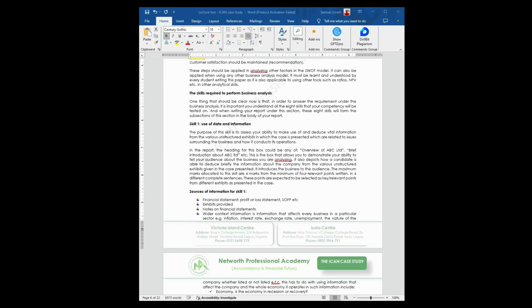Now, let me give you a possible scenario. Let's assume that a case is given about competition, the impact of competition on an industry, let's say the telecommunication industry in Nigeria. Have you noticed that when MTN makes an offer, say buy 100 naira recharge card and get 10 gigabytes, before you know it, Airtel will make its own offer, say buy 100 naira airtime and get 20 gigabytes.